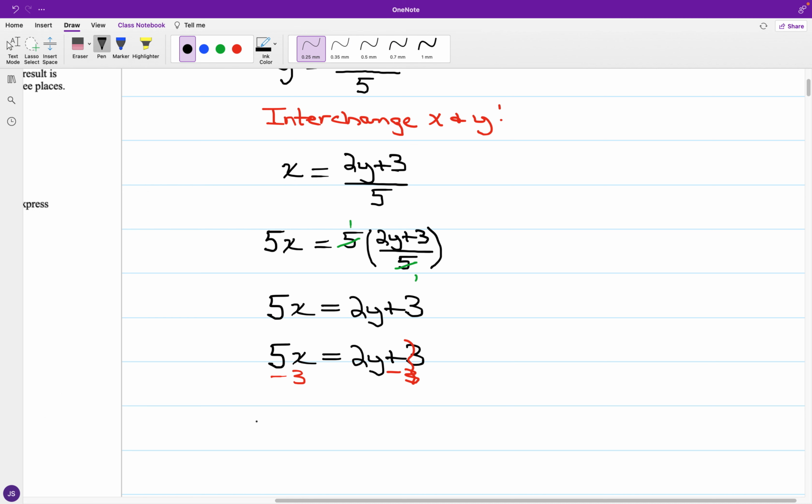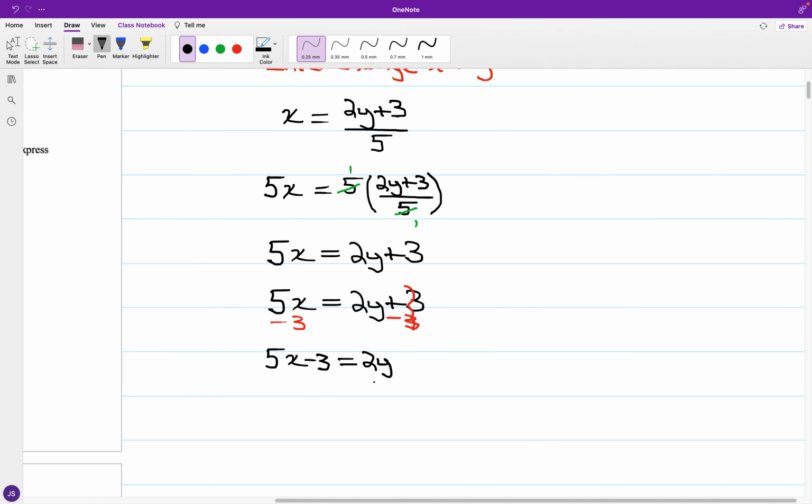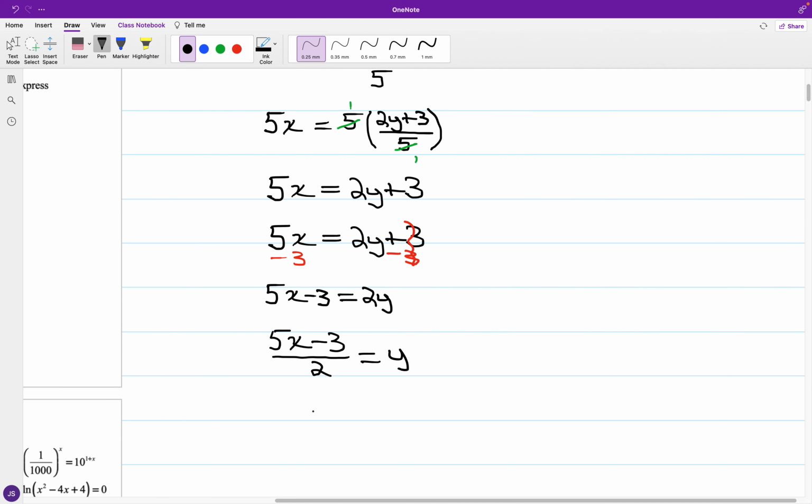So now we have 5x minus 3 is equal to 2y, and upon division by 2, we have (5x minus 3) over 2 is equal to y, and just switching sides by the commutative property of equality, going from a equals b to b equals a.